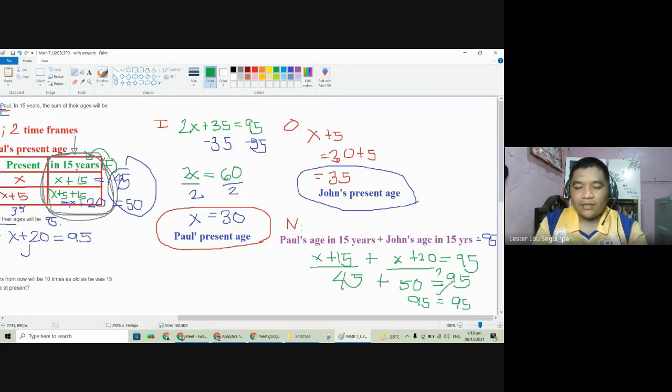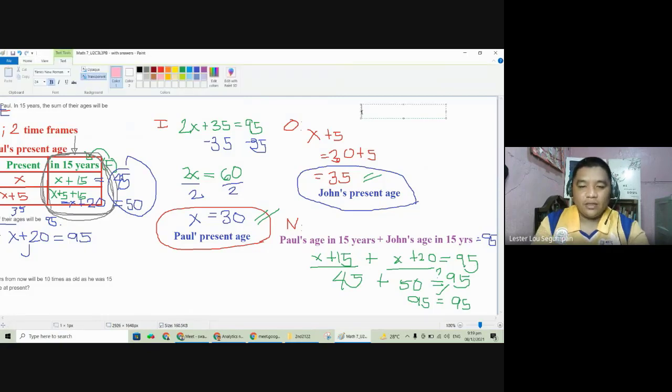Now that we have checked and made sure that both sides are equal, it means that the present ages of John and Paul are these values. To simply end this with a statement, you may also use this one. How do we state it?